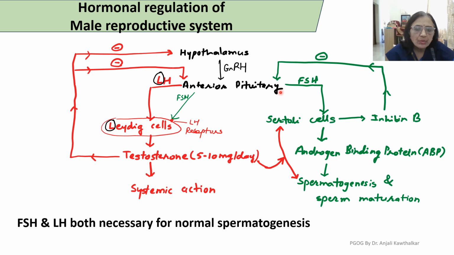The hormone which controls the release of FSH by the anterior pituitary is inhibin B, which has a negative feedback on the anterior pituitary. FSH has some indirect influence on Leydig cells also: to some extent it increases the number of LH receptors on Leydig cells, and that is how the Leydig cells are more responsive to the action of LH.